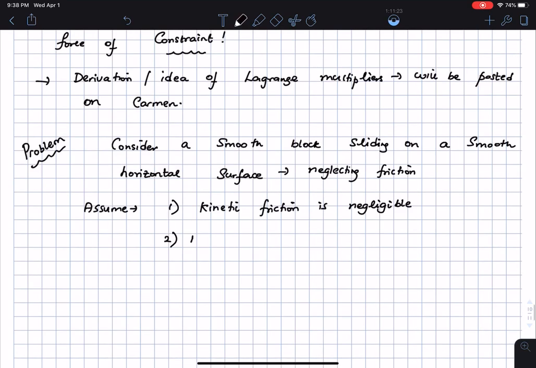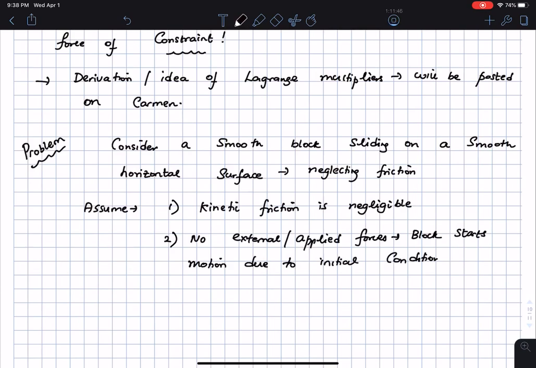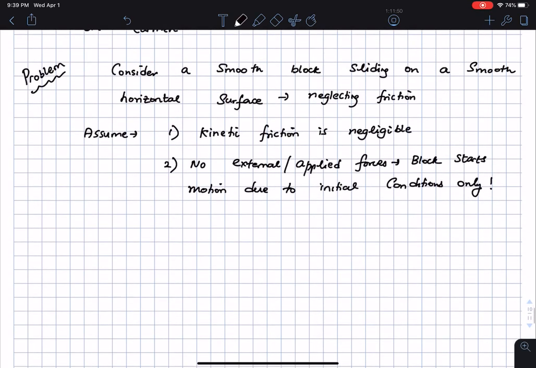So no external or applied forces. The block starts motion due to initial conditions only. Okay, so I'm going to draw the block.